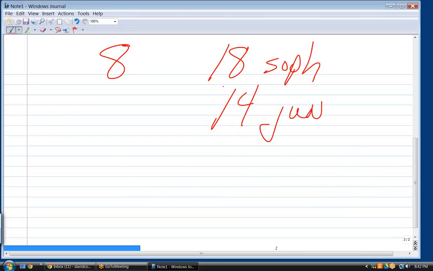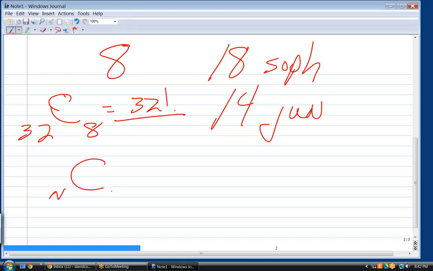So it's a total of 32. We're choosing 8 out of those 32. Now, this is going to be 32 factorial over, and the way I remember this one, there's 2 r's and 2 n's. I know that there's an n minus r factorial there.